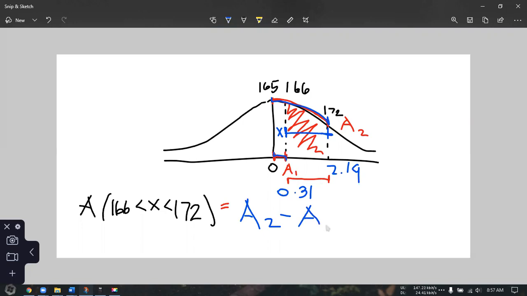This is the fourth case. Third case is when you add two areas. The fourth case is when you subtract two areas. And be sure that you subtract the smaller from the larger, so that we can assure the area is positive.